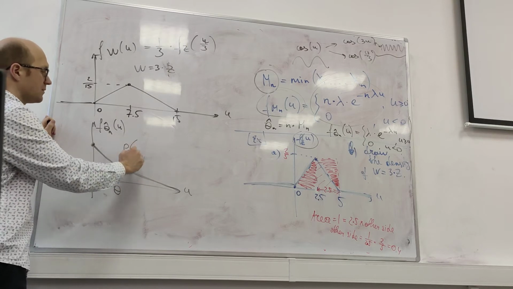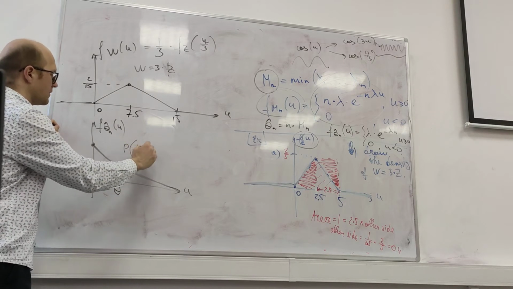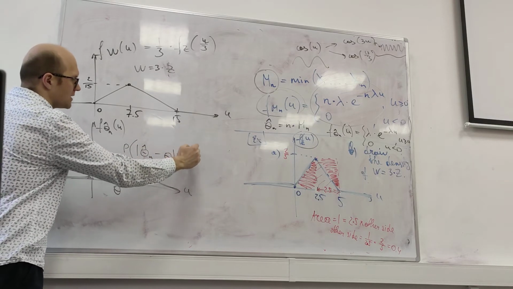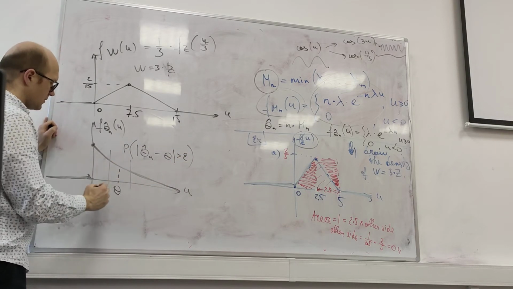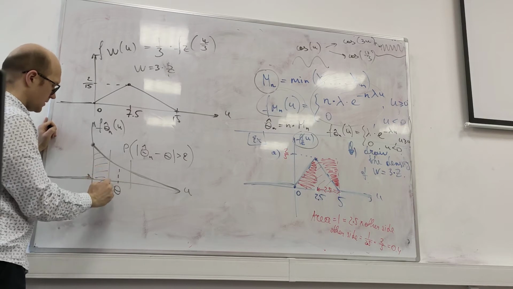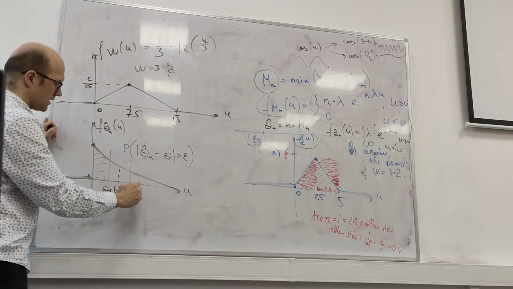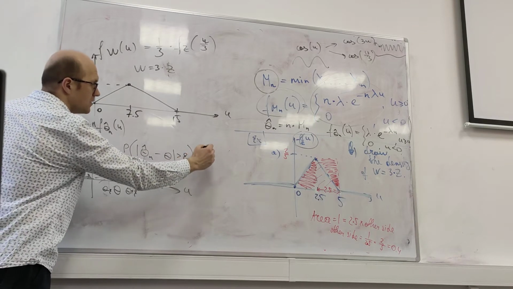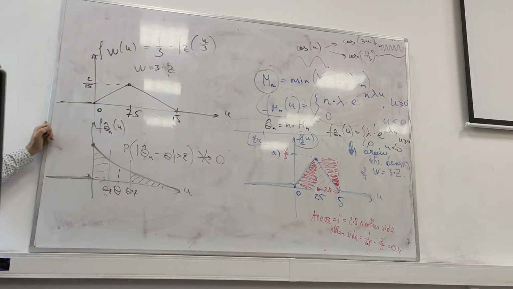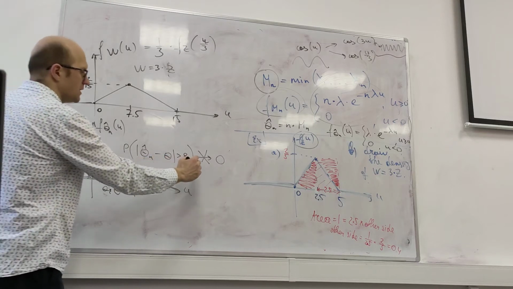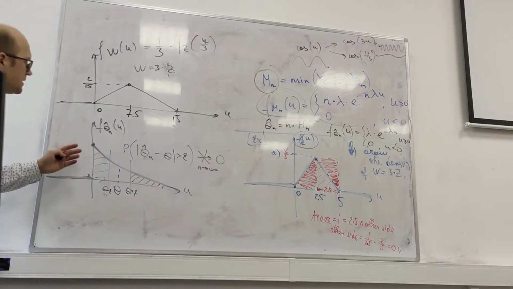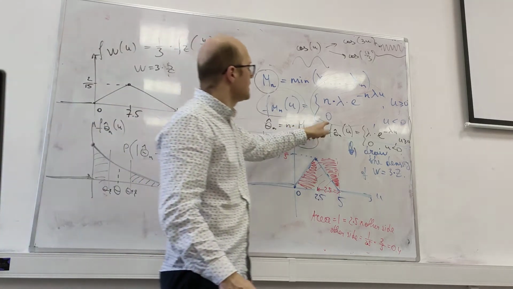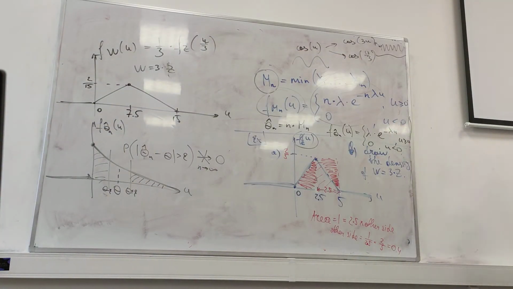And so we see the probability that theta hat deviates from theta by more than epsilon. This is the probability outside the interval theta minus epsilon, theta plus epsilon. This probability doesn't go to 0 as n increases. For every n, the density function of theta hat is the same.